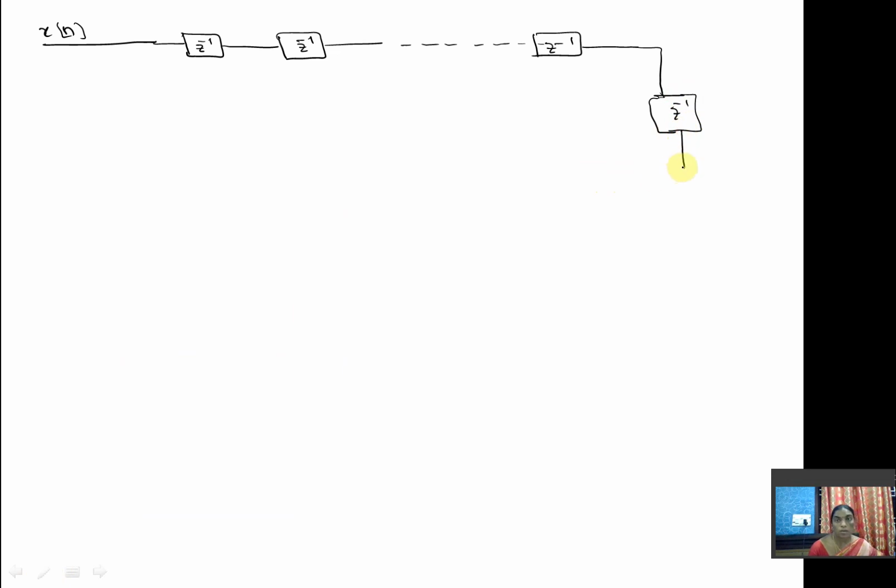Now here use z power minus 1. So in this way, smartly we just connect unit delays, right? So see this, right?